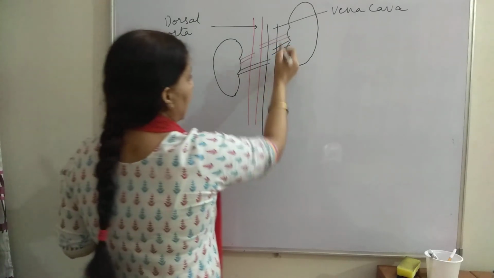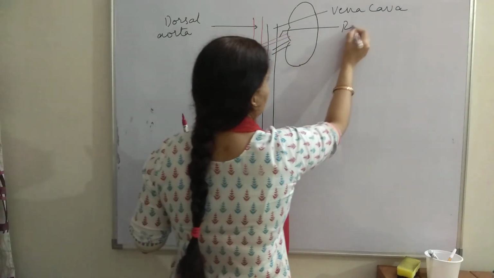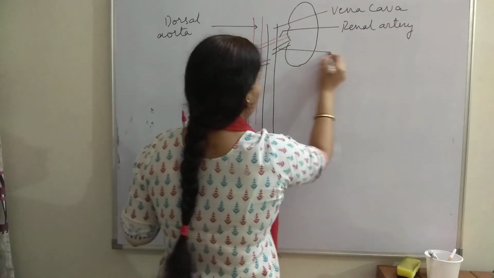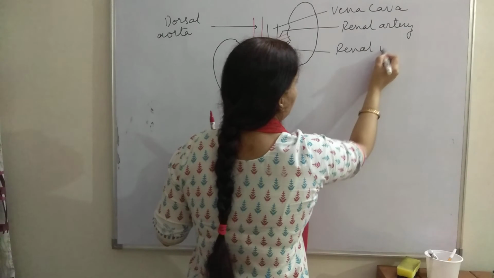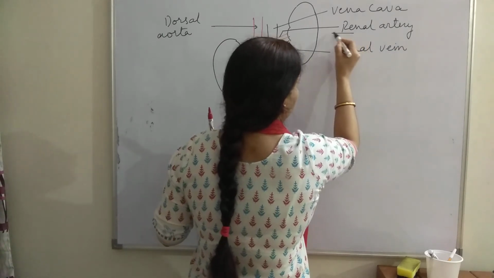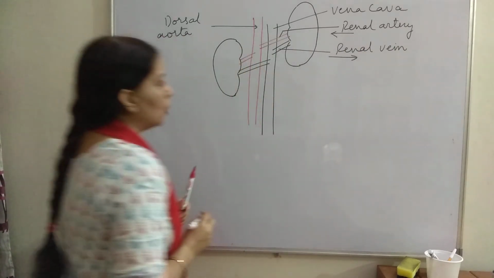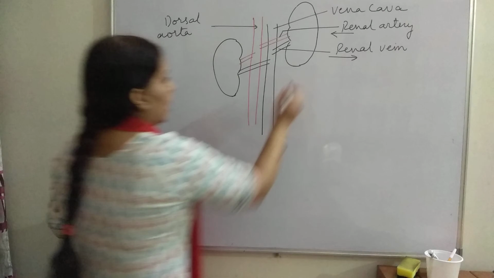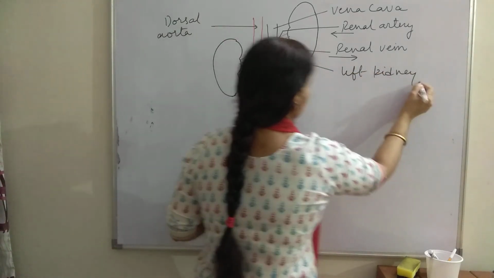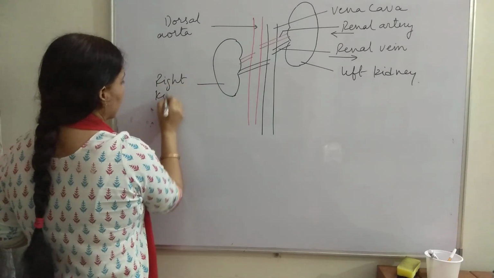Now what are these red and black connections to the kidneys? The red one is the renal artery, and the black one is the renal vein. Renal artery takes blood in and renal vein brings blood out of the kidney. So this is the left kidney, and this one is the right kidney.